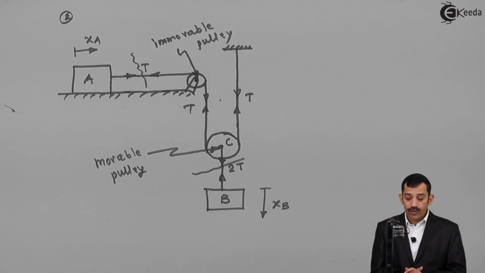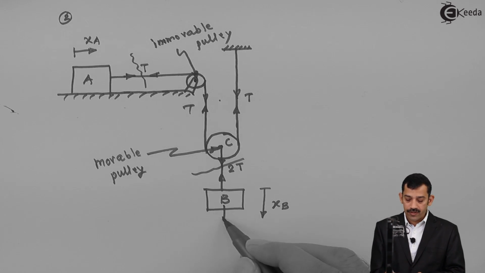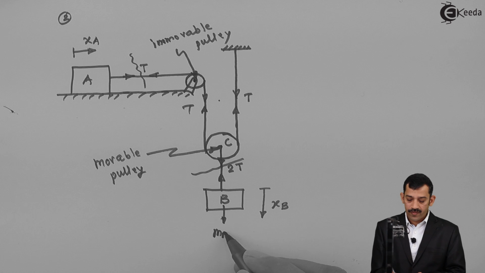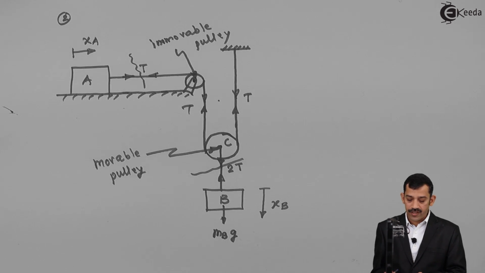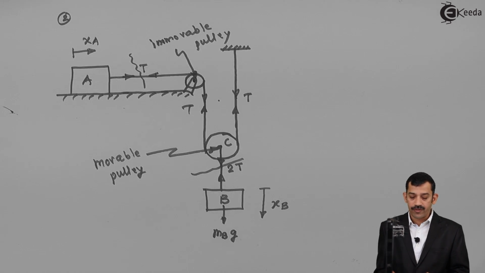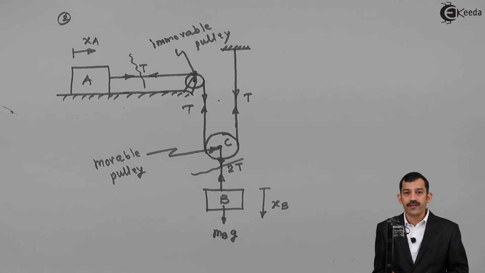Where motion of blocks A and B is possible, it is not due to tension, it is particularly due to the weight of this block B. That means the active force here is nothing but the weight of block B. Motion is not possible due to tension, but the tensions developed are due to the masses of the blocks.